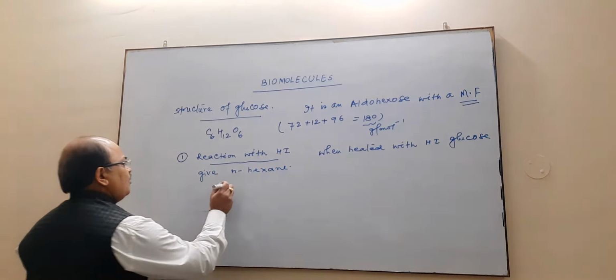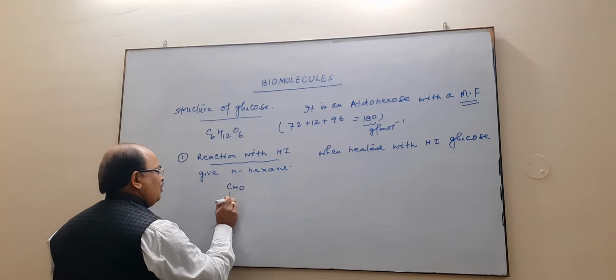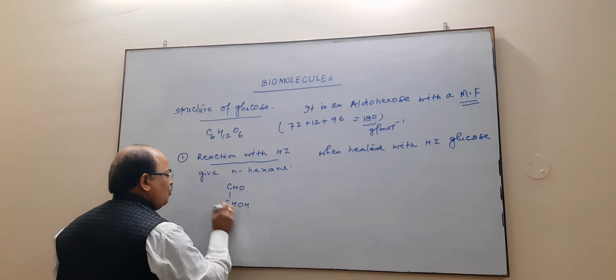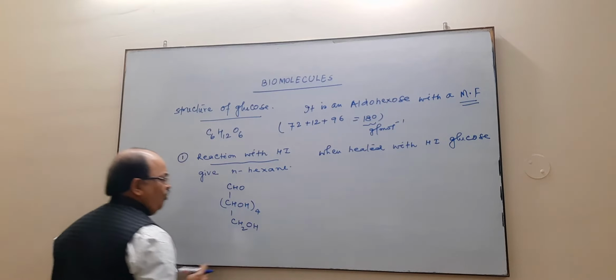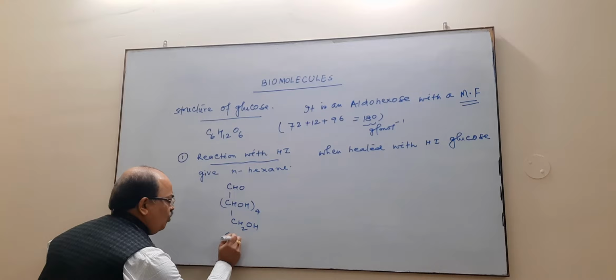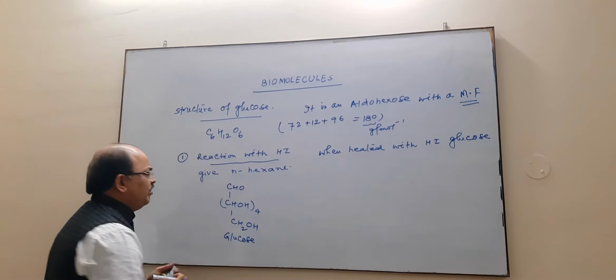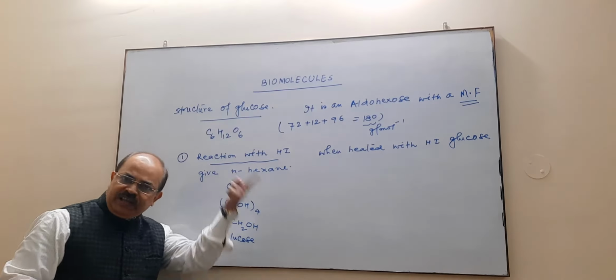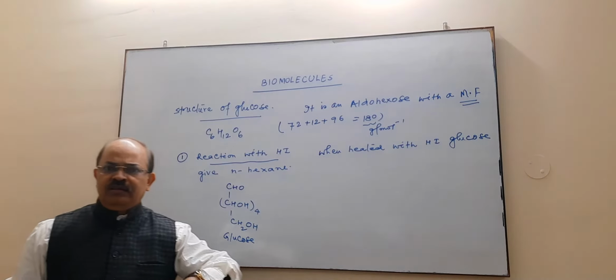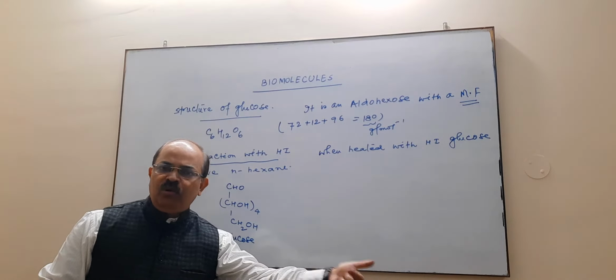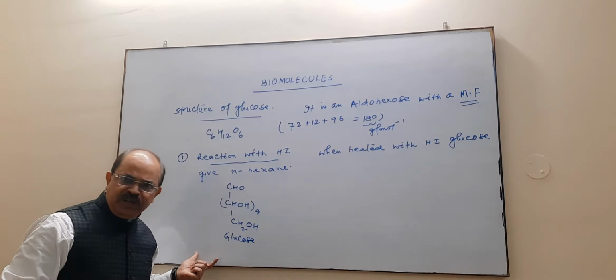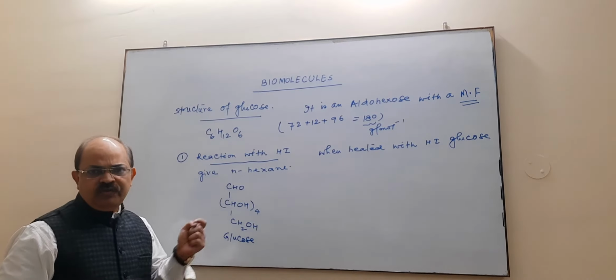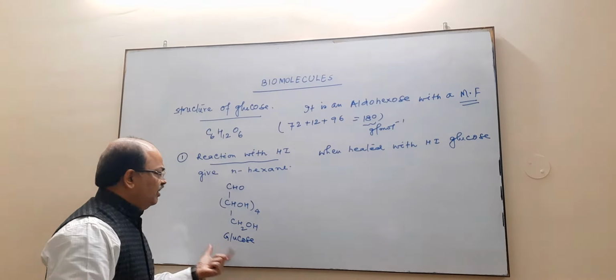It gives normal hexane. Means suppose this is your glucose, CHO, (CHOH)4, CH2OH. तो ये आपका ग्लूकोज है. आप कहेंगे अभी तो आपने स्ट्रक्चर लिखा, तो ये कैसे स्ट्रक्चर आया, इसी बात का डिस्कशन हम लोग कर रहे हैं कि how we can obtain this structure of glucose. So see, it is glucose.